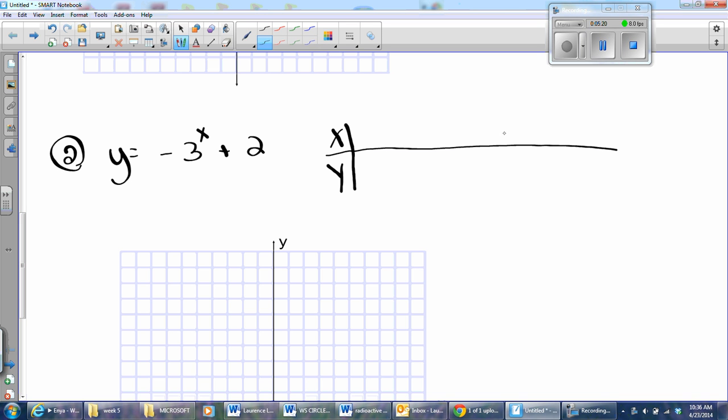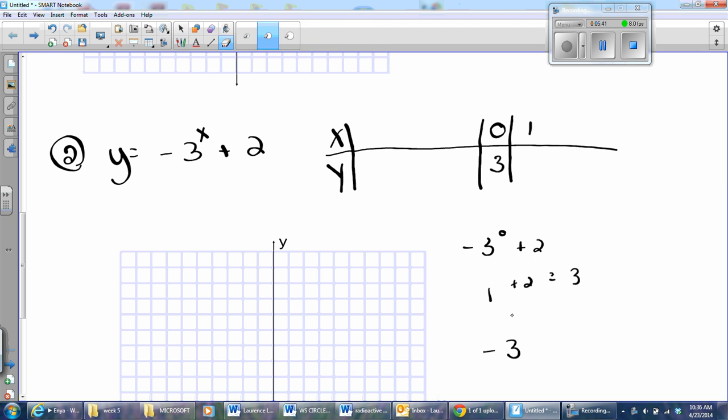And let's stick 0 in like we like to do. And when I get -3 to the 0, that's going to be 1 plus 2, which is 3. There we go, 0, 3. When I put 1 in, I'm going to get -3. Wait a minute. Do I have a mistake? I do have a mistake. Danger, Will Robinson, danger. This is going to be -1, right? Do my exponent first.